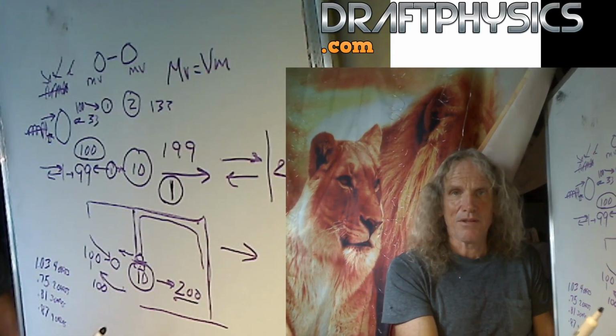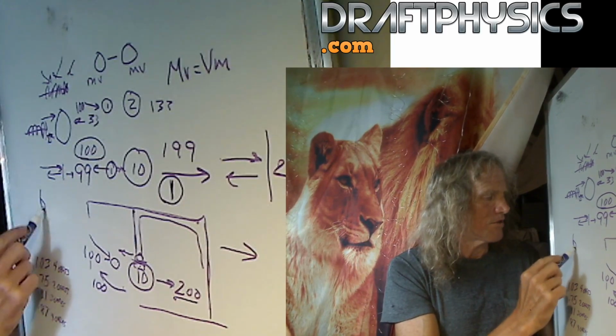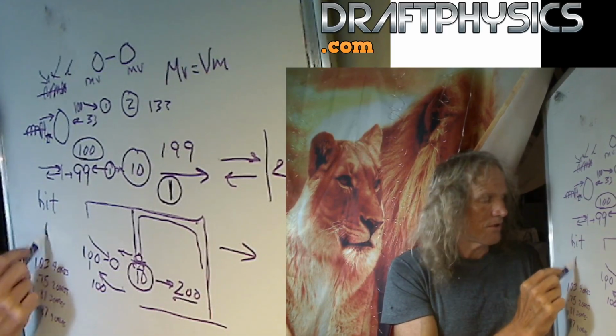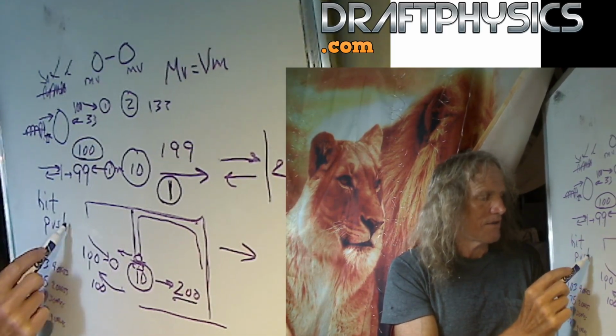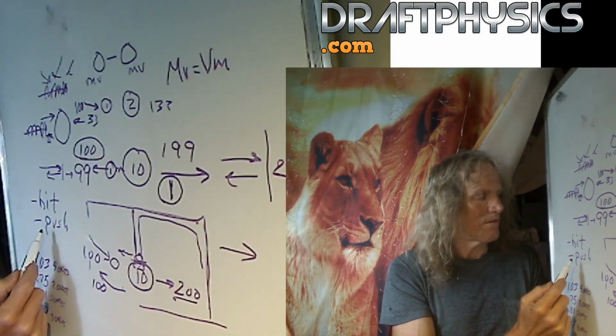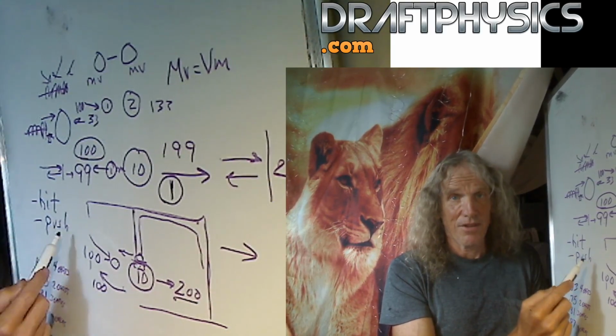The simple argument too, I mean, it's a simple argument. Somebody should be able to acknowledge hitting is different than pushing. I shouldn't have to make these arguments. This should be a thing everybody's sort of aware of, that pushing and hitting are different things.